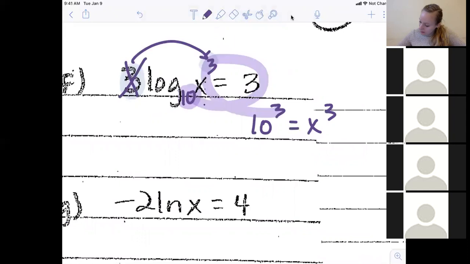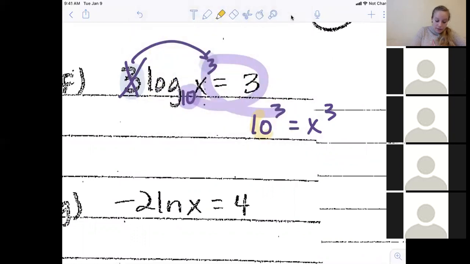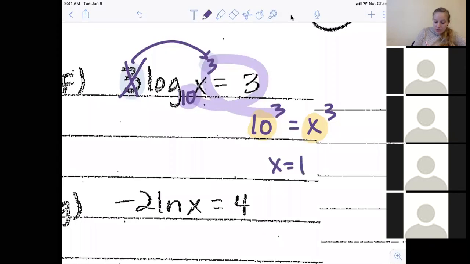Okay, that makes sense from our log roll, but now I don't actually have to plug anything in to solve. I just can look at this, and whatever the base is on the left, 10 to the third, well, the right side says x to the third. The only number that would work there is 10. You can't plug 5 in. 5 to the third is not the same as 10 to the third. There's no other answer than just the exact answer that you have on the other side. It's just got to be a mirror image.